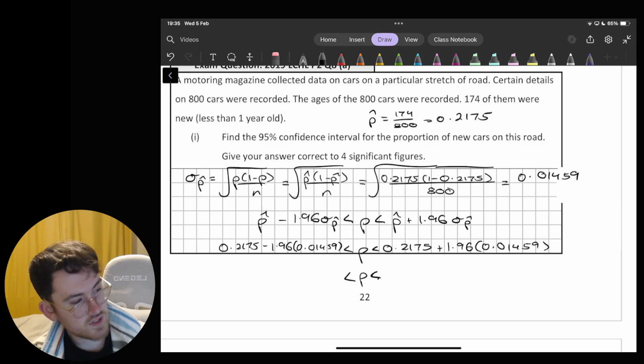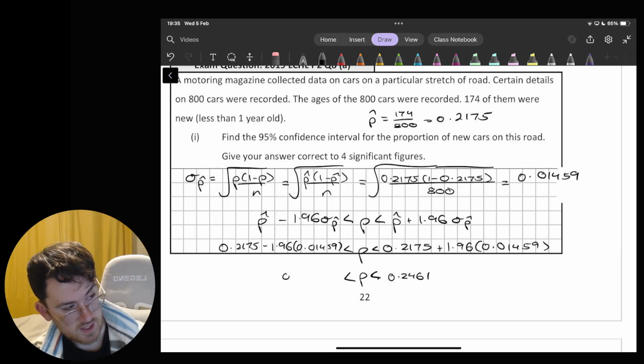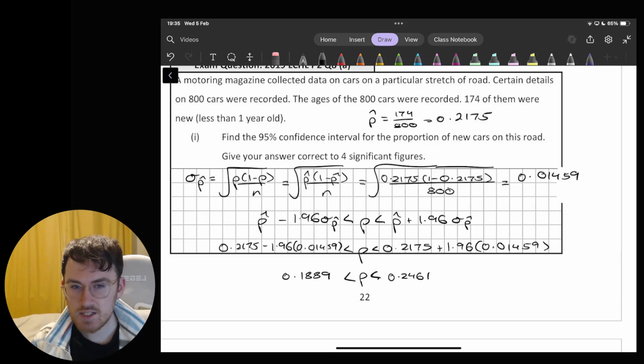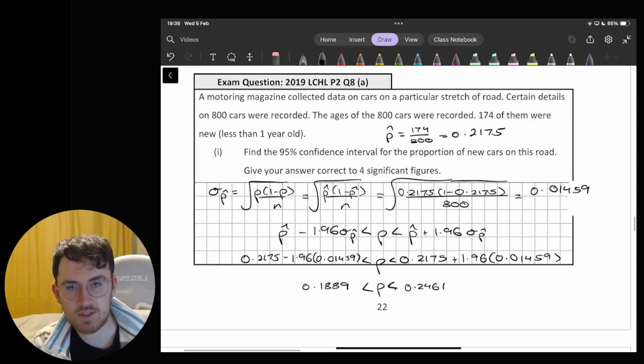And my confidence interval here, let me just jump to the end, 0.2461 and 0.1889. Okay, so we're saying there between about 18% and 24% based on the fact that it was about 22% in the sample that we chose. So that seems kind of reasonable to me there.